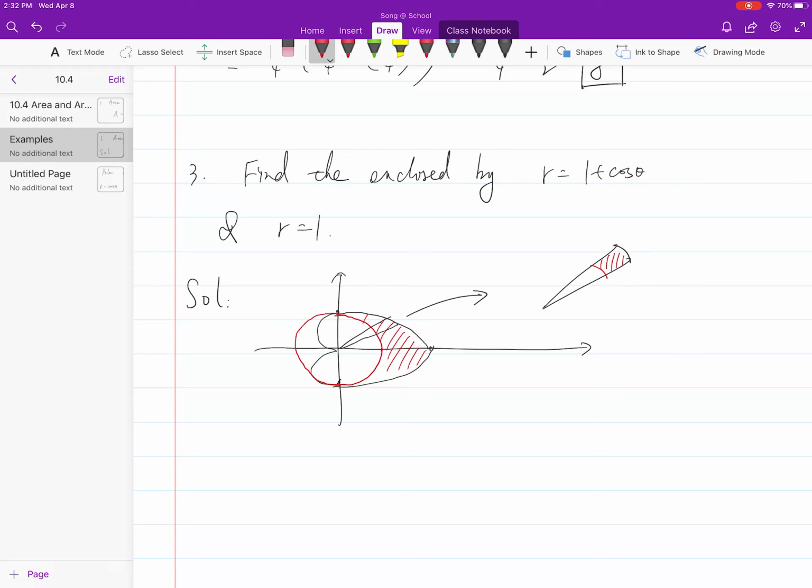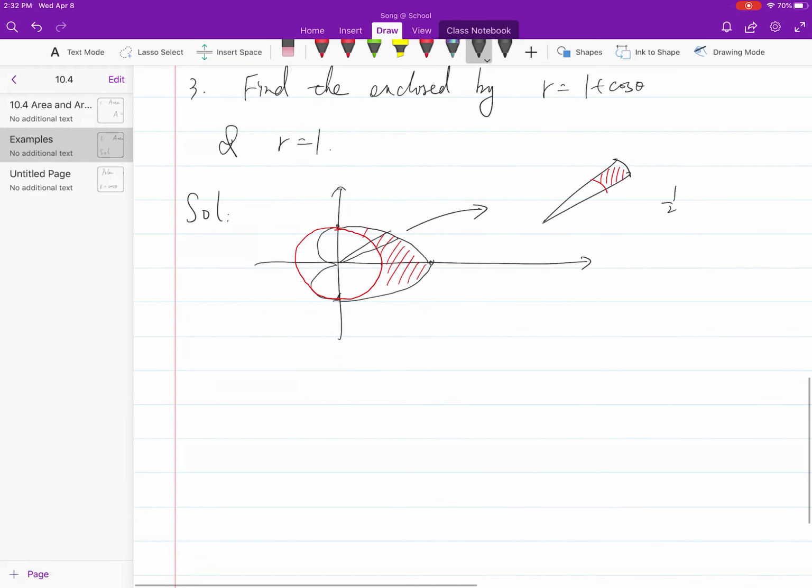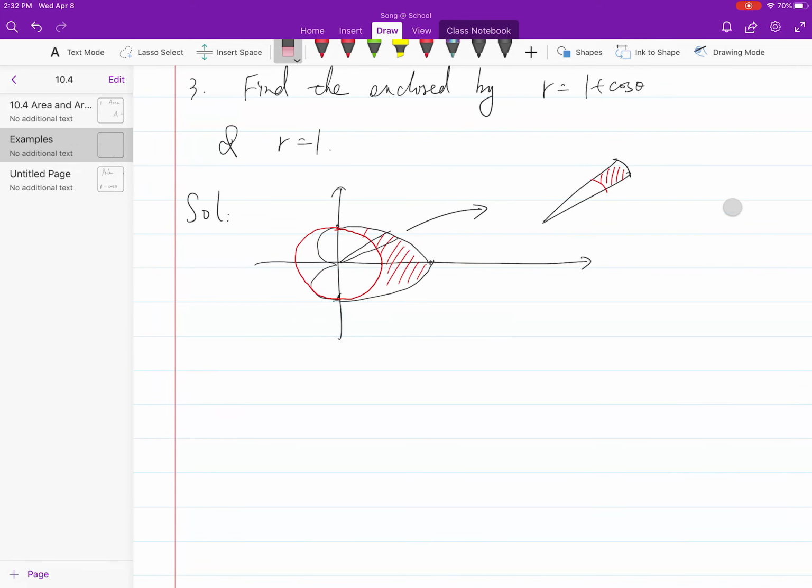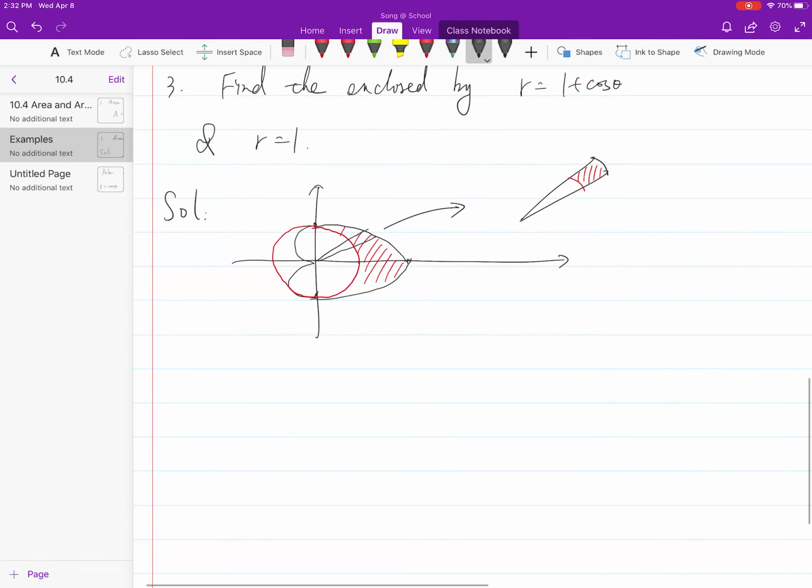Good so far? From here you can see the whole black thing is going to be 1/2 r squared d theta, where this r represents, let me put it here. What you really want here is 1/2 r squared d theta, which gives you the area here. Then you have 1/2 r squared d theta, which gives you the inner.